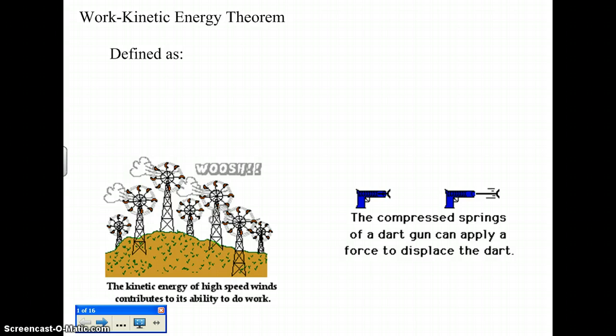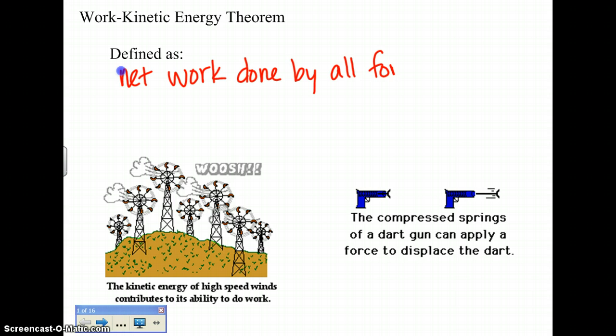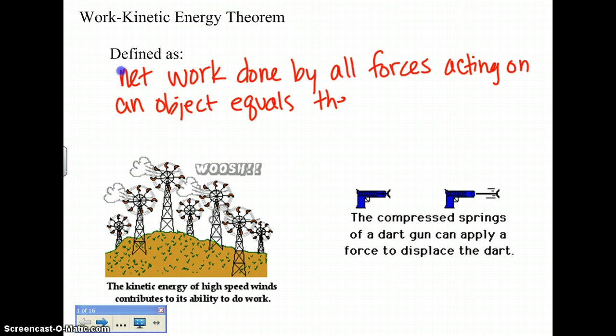What I'd like you to write down for the definition here is: net work done by all forces acting on an object equals the change in the object's kinetic energy.